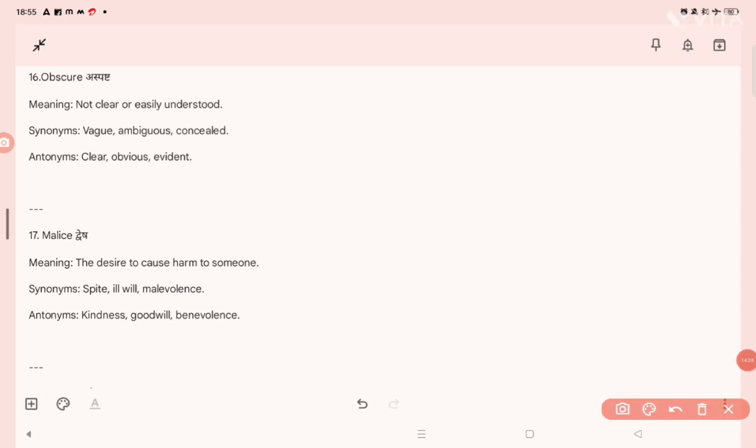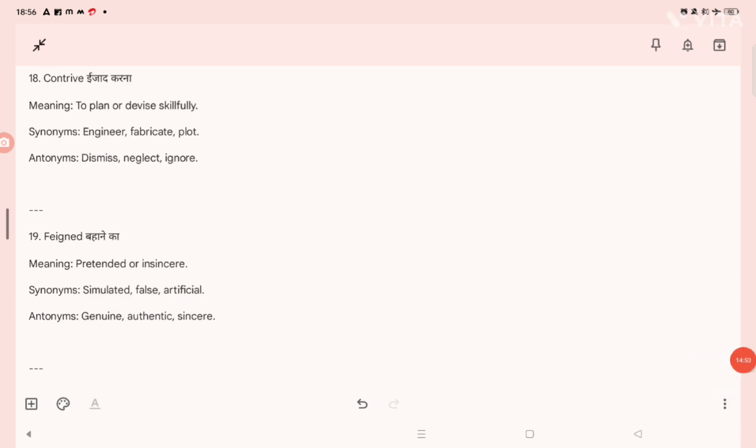Obscure: not clear or easily understood, vague, ambiguous, concealed. Clear, obvious, evident. Malice: a desire to cause harm to someone; spite, ill will, malevolence. Kindness, goodwill, benevolence. Contrive: engineer, fabricate, plot.